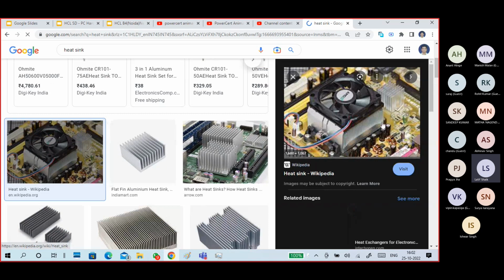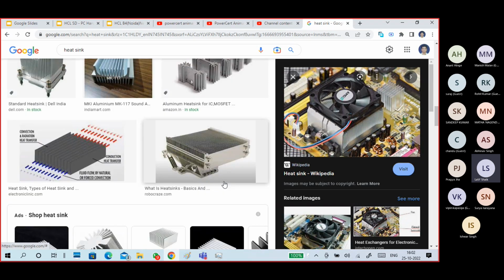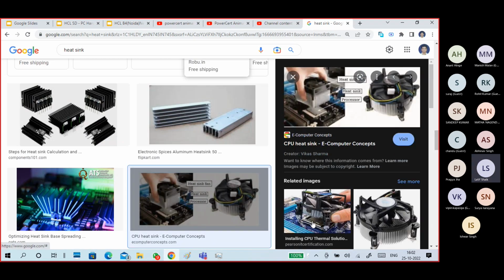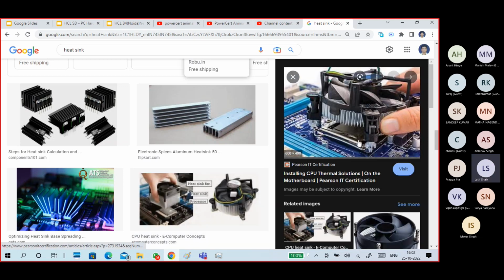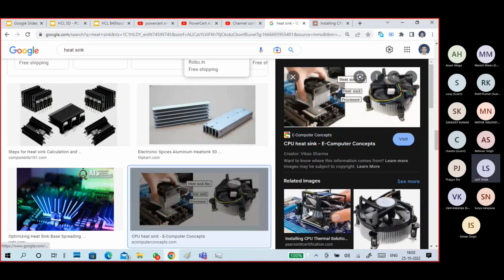It is a heat sink. You have a processor on the motherboard. Here is the motherboard, this is the CPU socket, and here it is the heat sink. You put the heat sink on the processor.